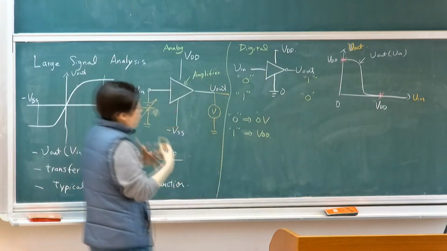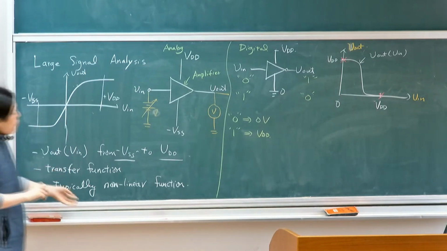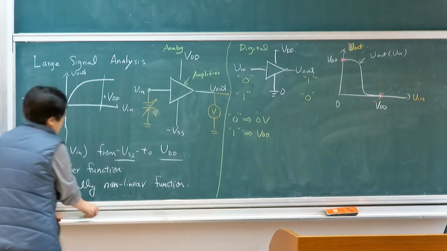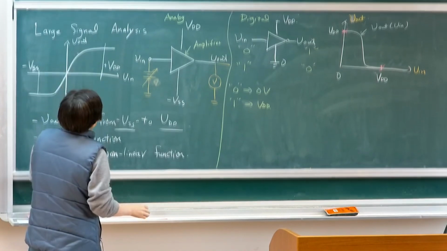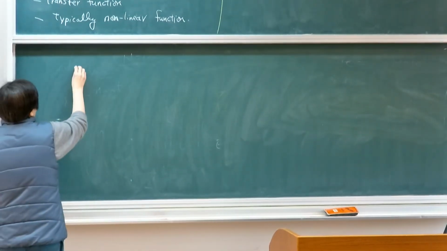Remember, anytime you talk about digital circuits, it would typically be a large signal because you're jumping from one end to the other. For analog circuits, let's think about what we actually want from the typical operation of an amplifier.